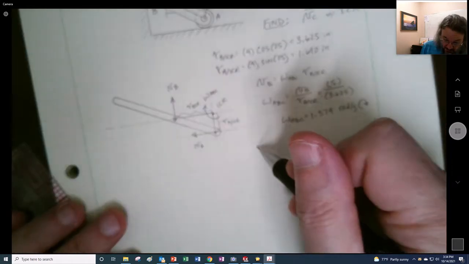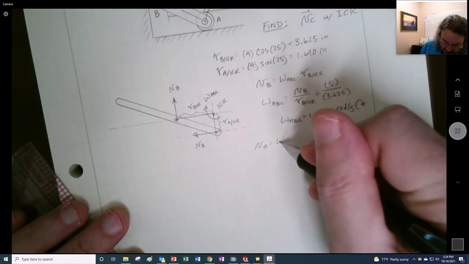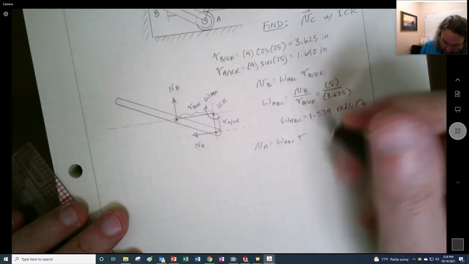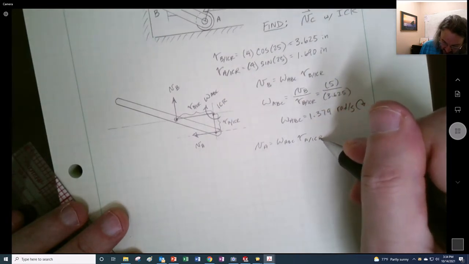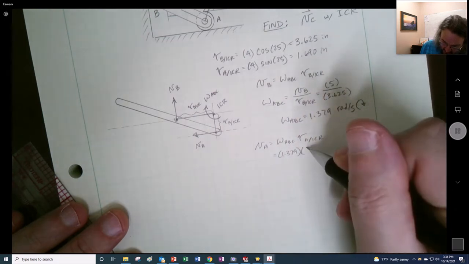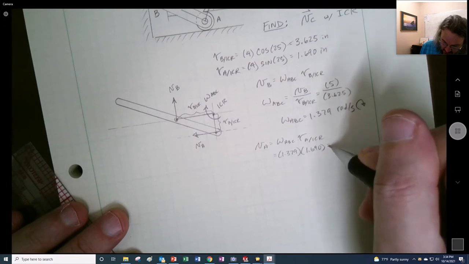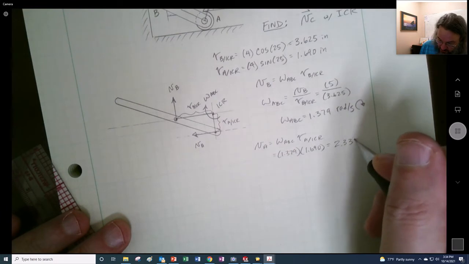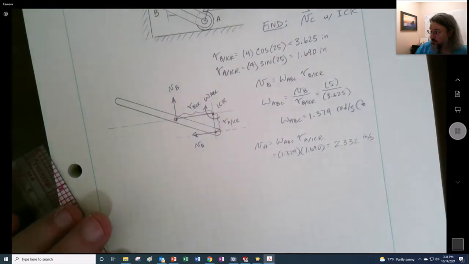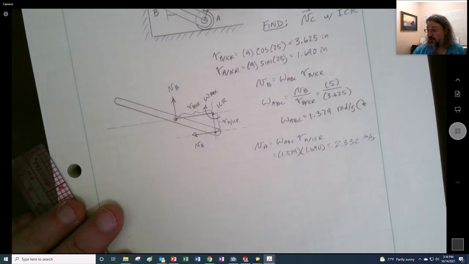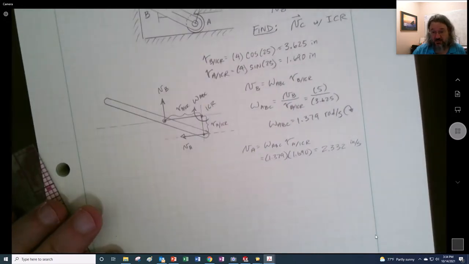Now all we need to do to find the velocity of A is take omega ABC and multiply it by R of A with respect to the ICR, or 1.379 times 1.690, and we get 2.332 inches per second, which is what we found before, right there. I don't think we were asked that as part of the problem, but hey, it's good to know.